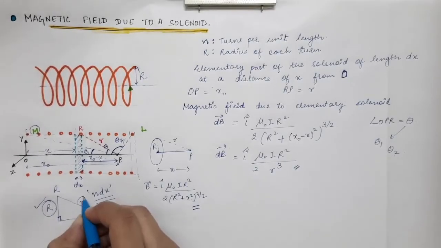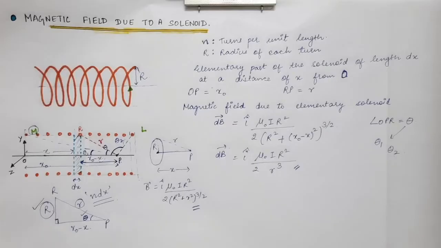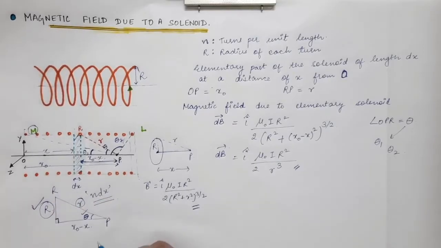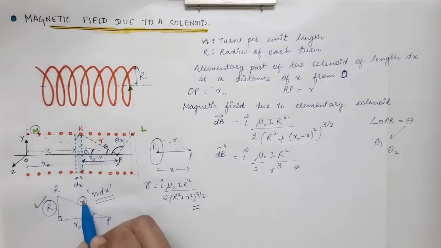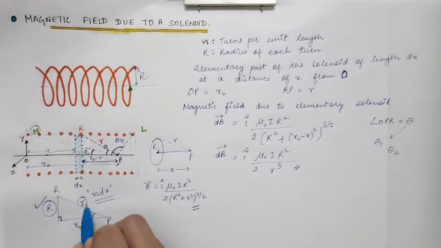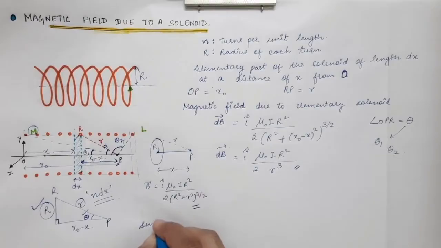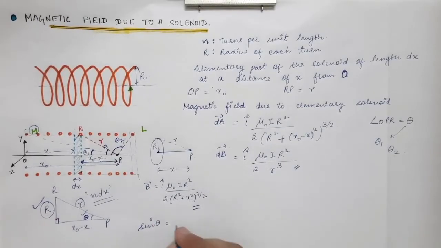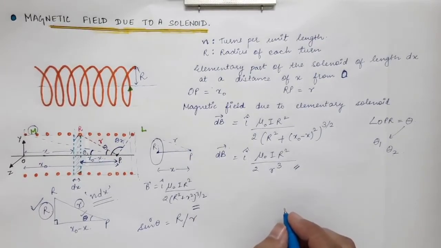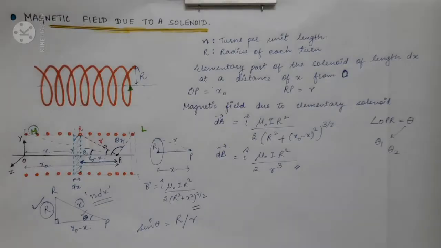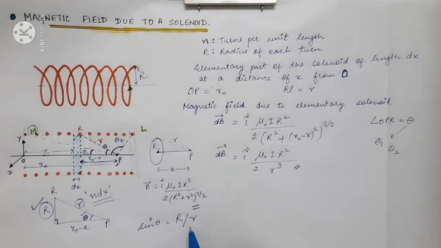We will use perpendicular over hypotenuse, which is nothing but sine theta. So sine theta is equal to perpendicular capital R divided by hypotenuse, which is small r.